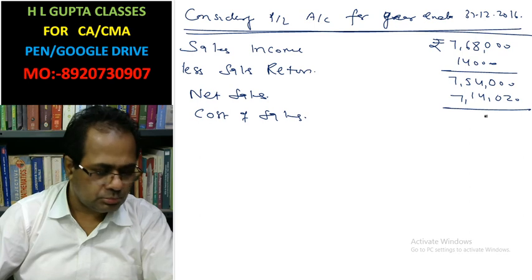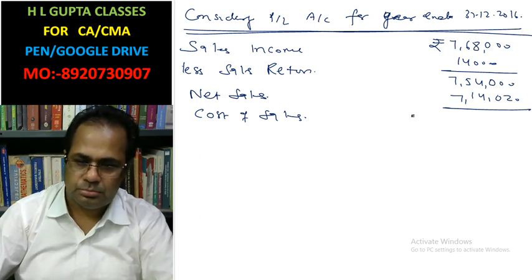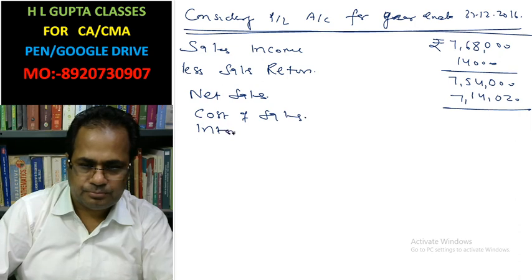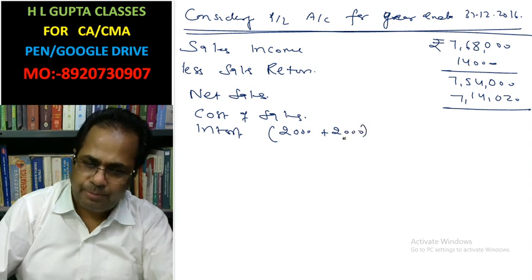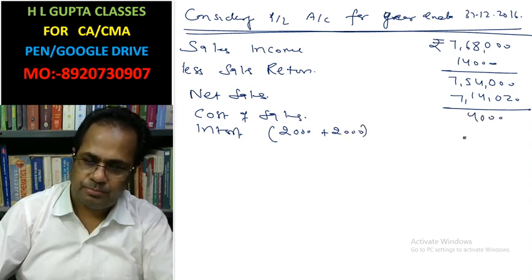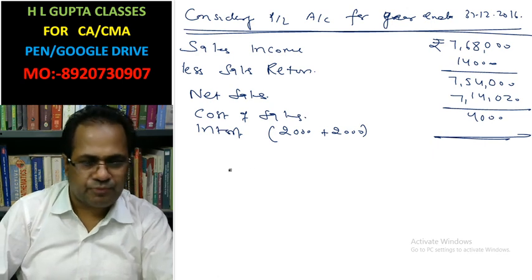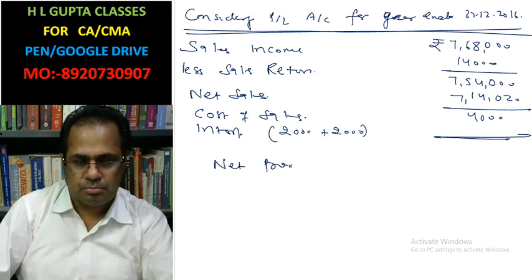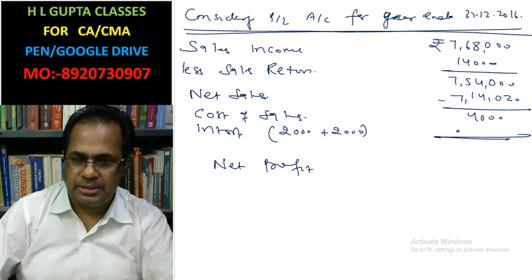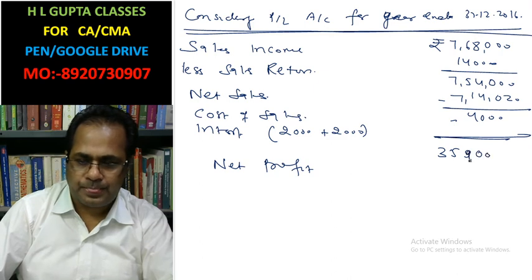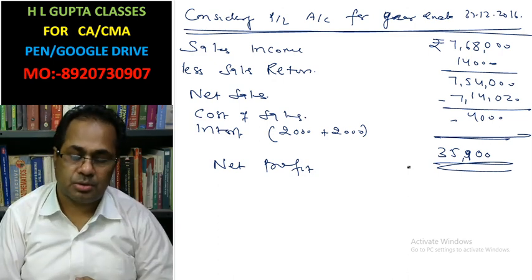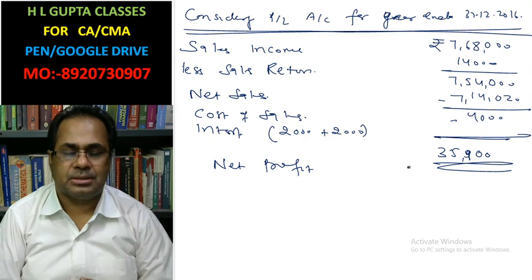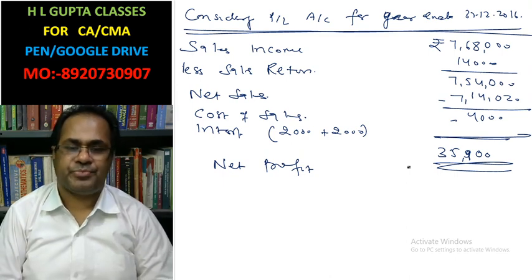Thereafter, interest expenses 2,000 is given, and 2,000 accrued, that is 4,000. Net profit, this is minus 35,900. You will have to practice these questions. This is some practice for doing questions. Okay, thank you.